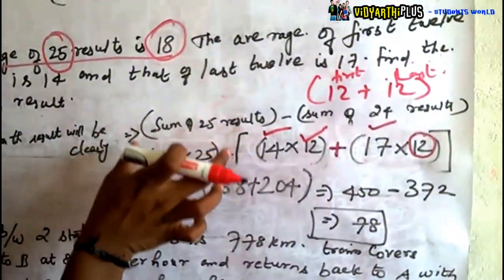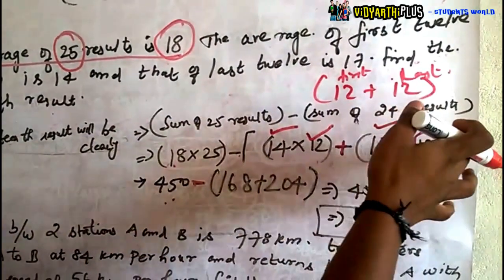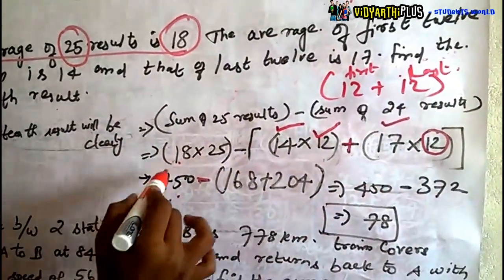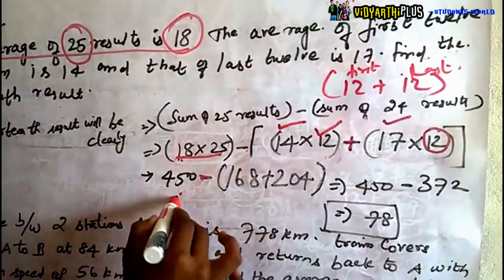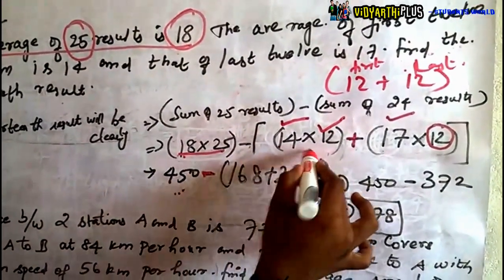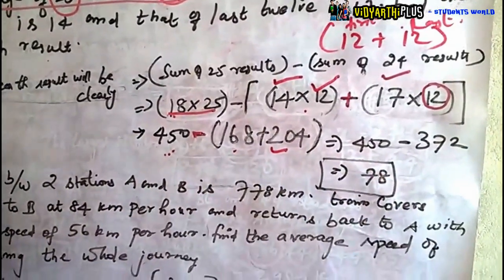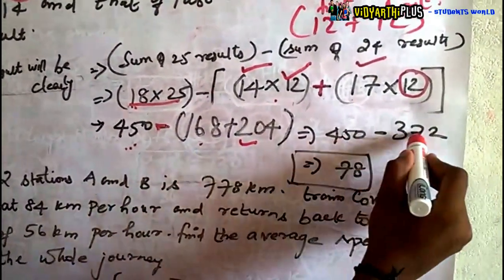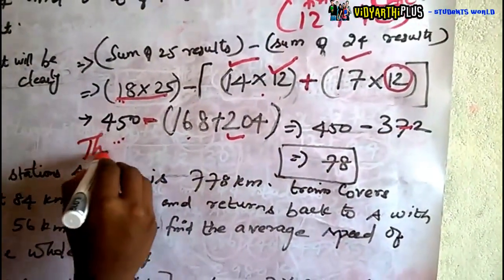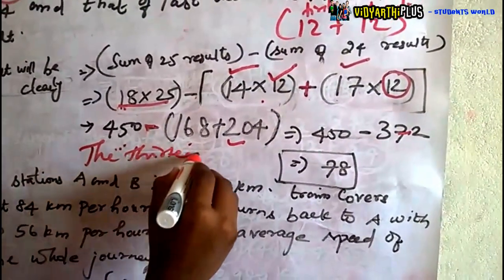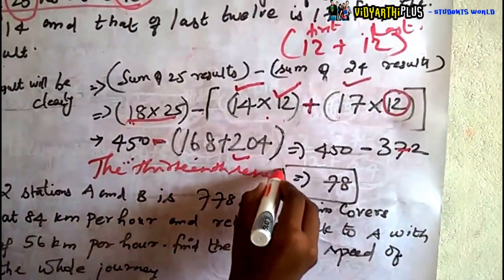That is 450 minus 14 into 12, which is 168, and 17 into 12, which is 204. So 450 minus 372 gives the 13th result.